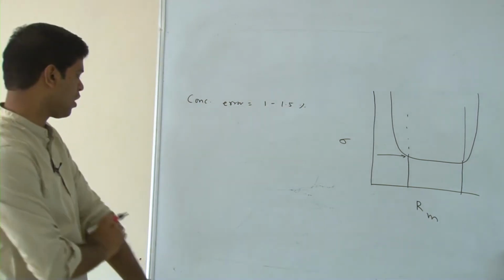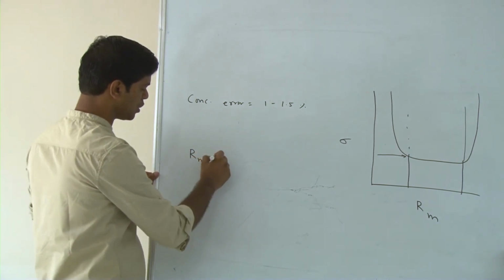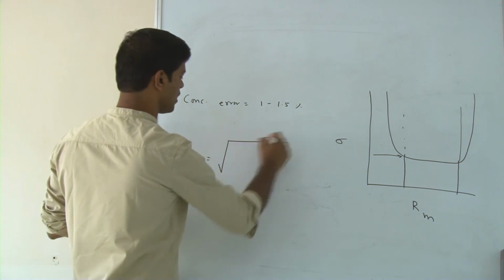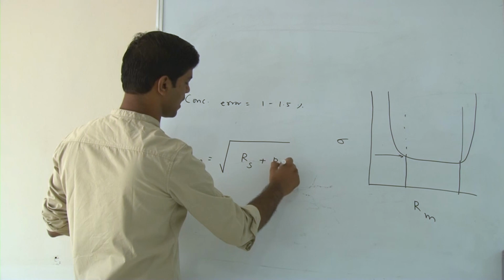When you want to do that, the mixture ratio you have to maintain in such a way that it should be a ratio of sample and spike.